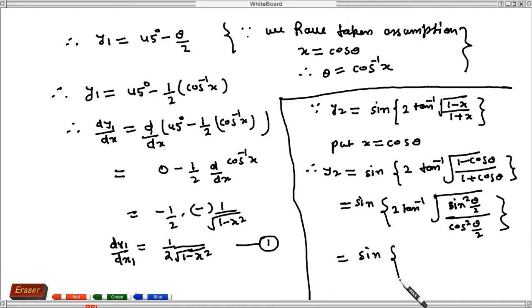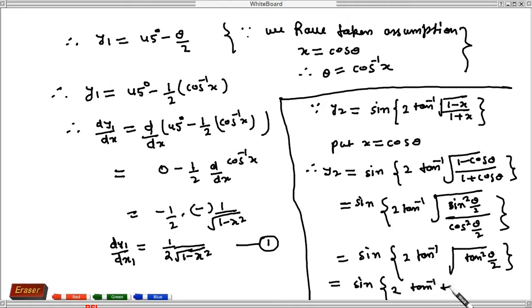So sine 2 tan inverse under root tan square theta by 2, remove the root, so you will get sine 2 tan inverse tan theta by 2. Now tan inverse tan theta by 2 can be written as theta by 2.